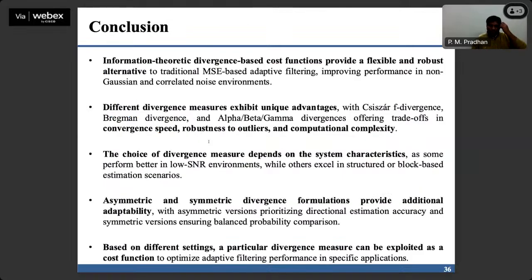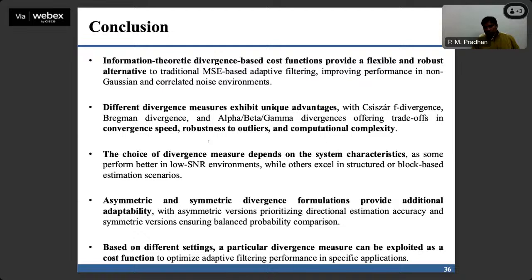So the overall conclusion is you can look at the cost functions, and the traditional cost function is based on mean square error. But these mean square error based cost functions face multiple challenges. I had shown four challenges that we see. Outliers, correlated noise, non-Gaussian noise, right?